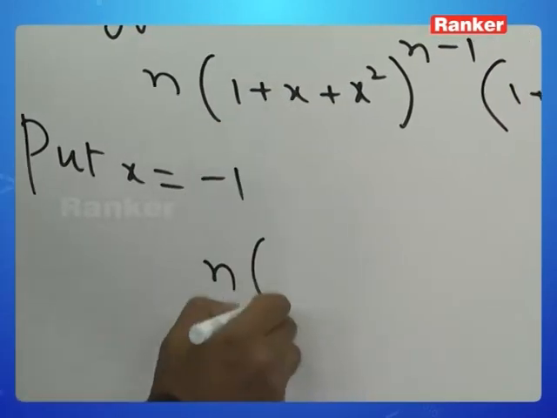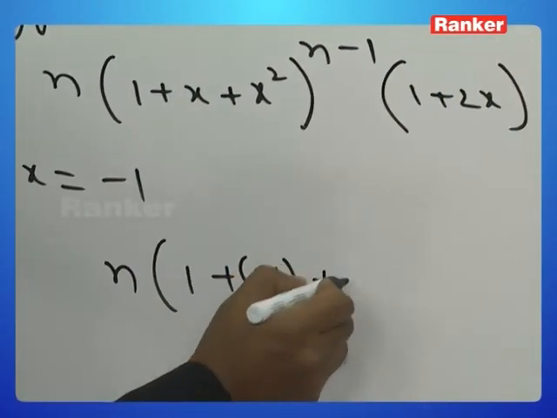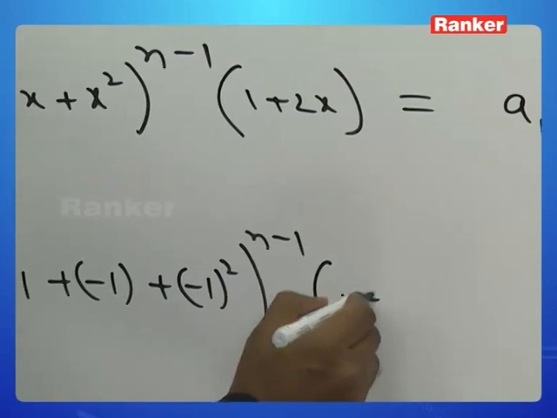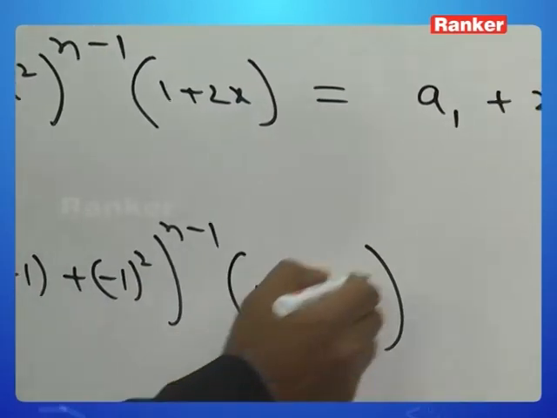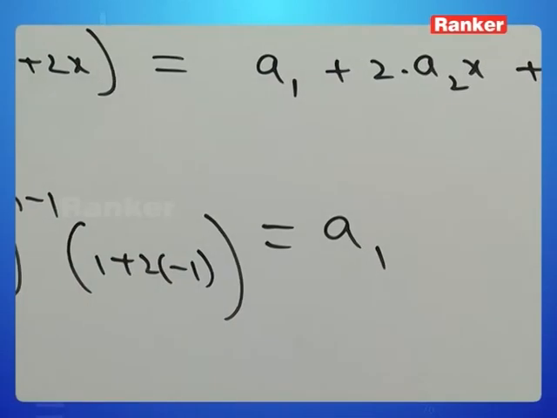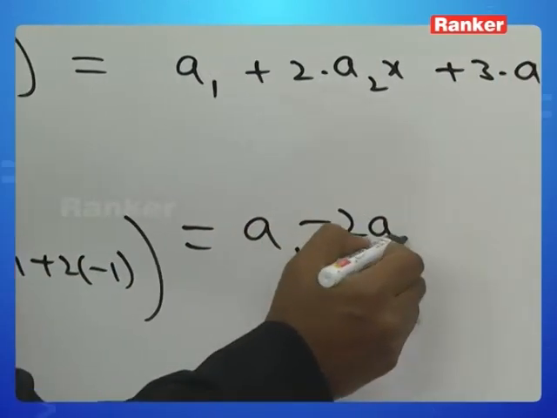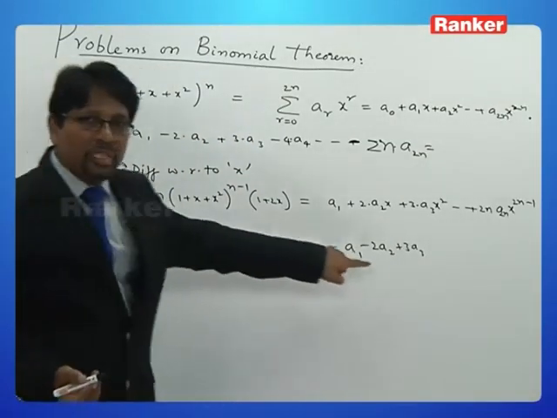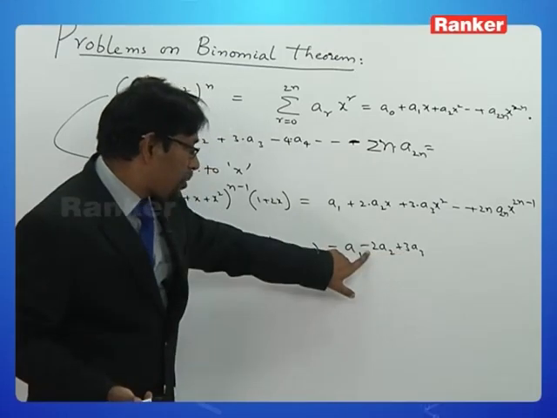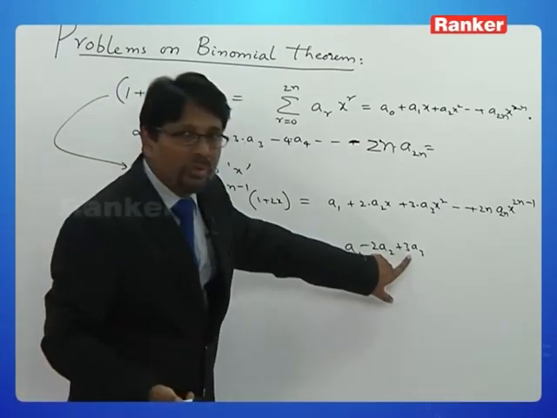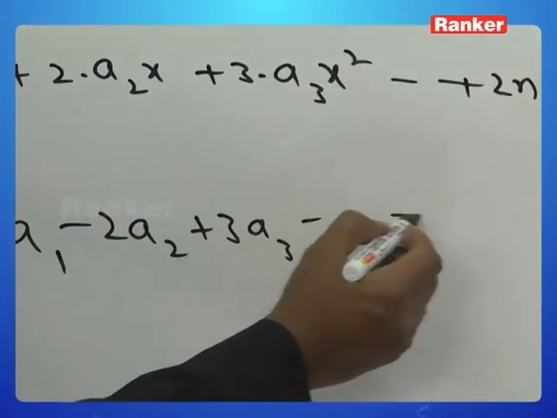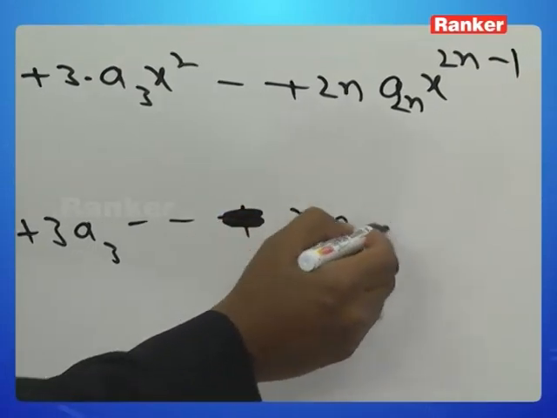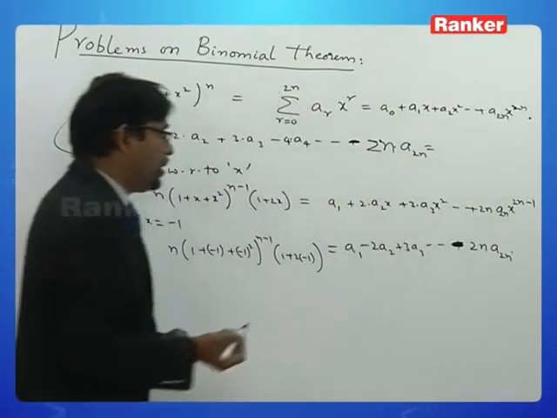N into (1 minus 1 plus minus 1 square) raised to the power n minus 1 into (1 plus 2 into minus 1), and the right hand side comes out to be a1 minus 2 into a2 plus 3 into a3. So even suffix terms will have a negative coefficient and odd suffix terms will have positive coefficients. So we will have finally minus 2n into a2n, since it ends with the last term. That's what I will be getting here.